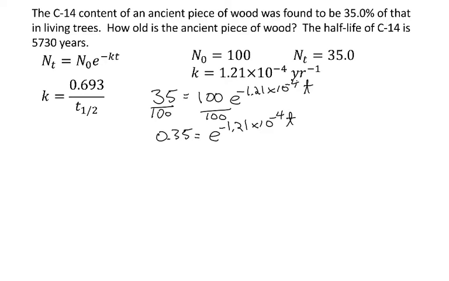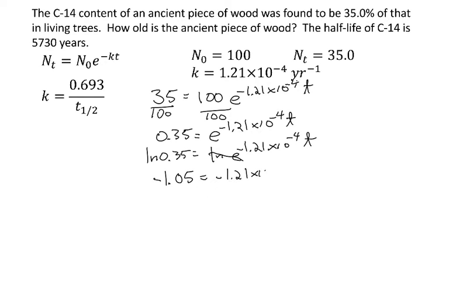And now I'll take the natural log of both sides. So the natural log of 0.35 is negative 1.05. The ln cancels with the e, and so we bring down what was in the exponent.